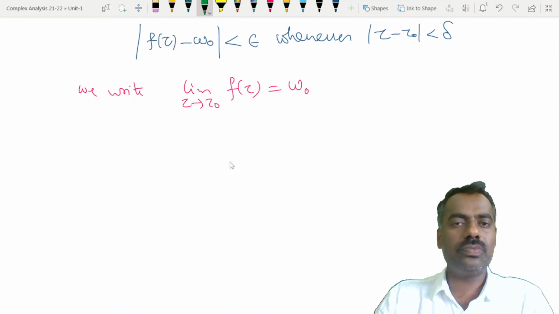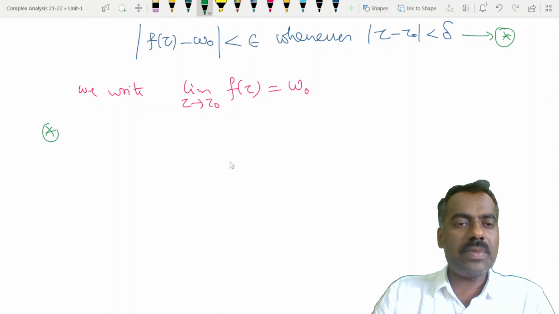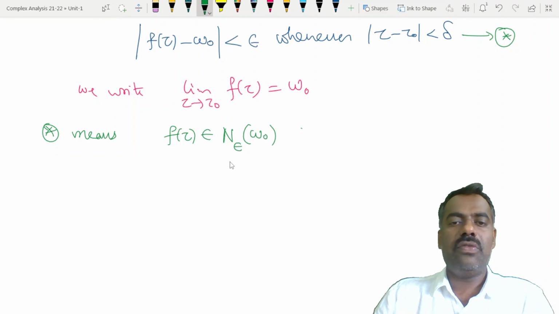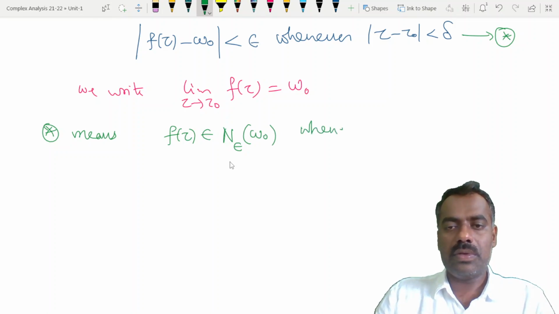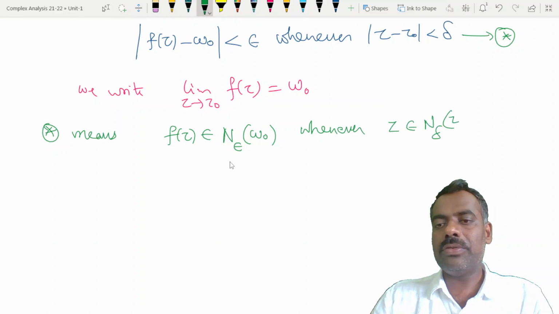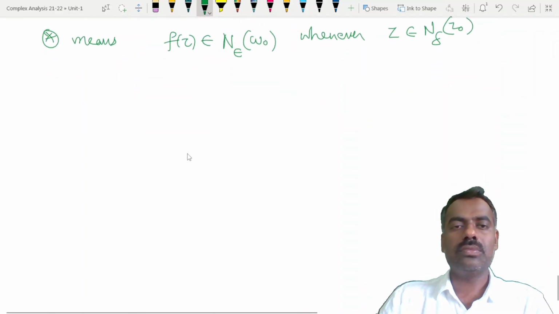Yes or no? If you call this star, then star means the same as saying that f of z belongs to the epsilon neighborhood of w naught whenever z belongs to the delta neighborhood of z naught. Is that clear? Yes or no?